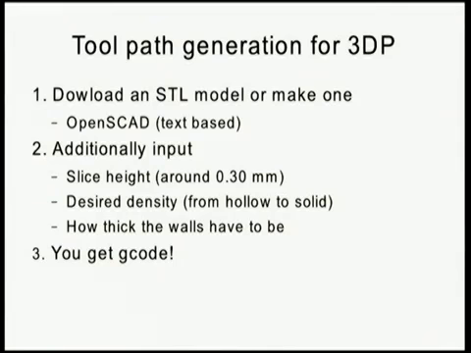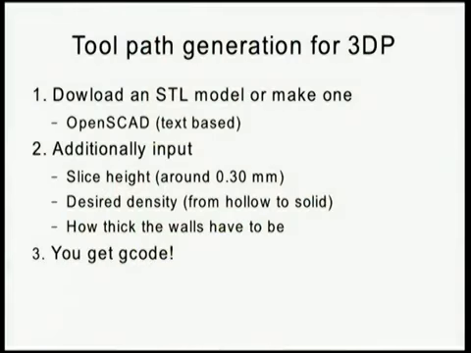So let's try to walk through the toolpath generation for 3D printing with some Python examples. Well, it works as follows. First, you need a 3D model, usually an STL file. I personally like to use OpenSCAD, which is like a text-based modeling tool, similar to my code generators, where you just assemble cubes and forms into parametric shapes.